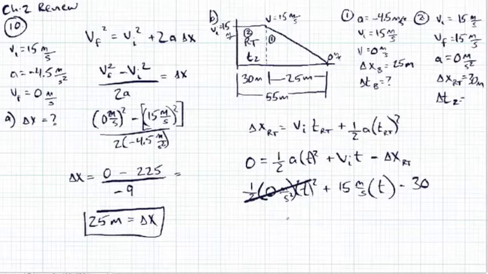So we have 15 times t equals 30 meters. Sorry.